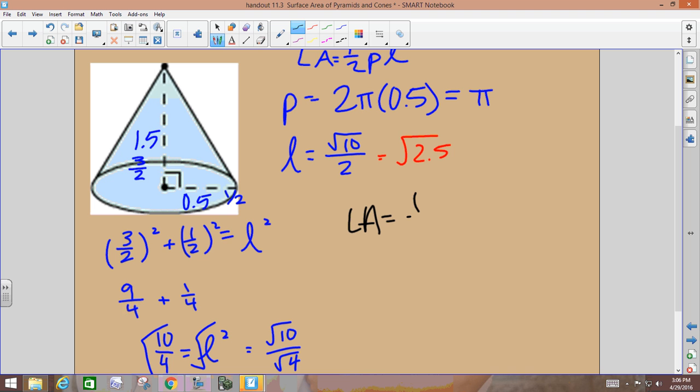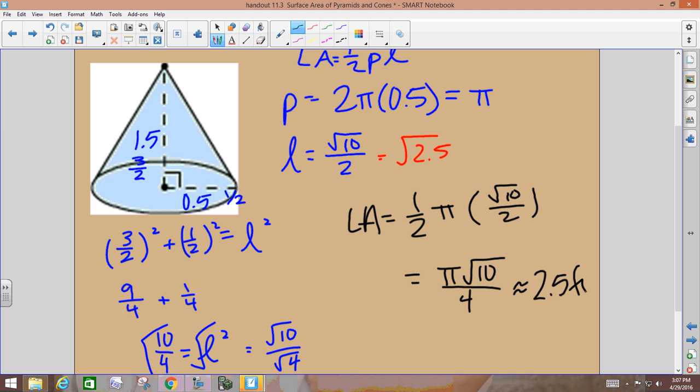Lateral area, 1/2 the perimeter, pi, times the slant height, square root 10 over 2. As an exact answer, that would be pi square root 10 over 4. And then when you throw it in the calculator, you get about 2.5, correct? Yes? Say yes. Okay.